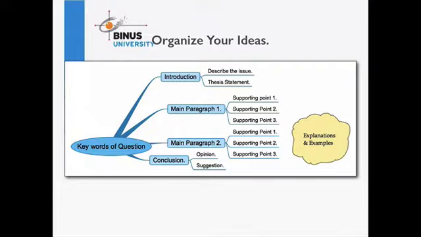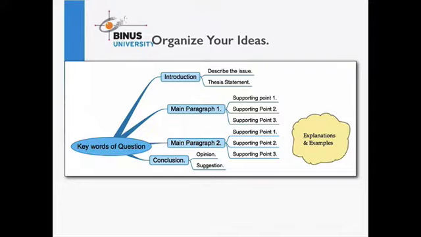Okay, so that is how to organise your ideas. If you do that, you'll be fine and you'll have no problems with the essay. As I said, there are specific videos that go into each of these parts in more detail, so have a look at those videos after this.